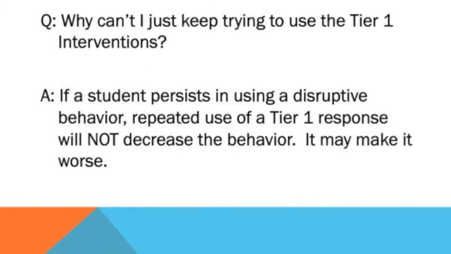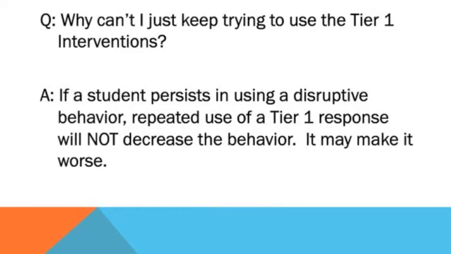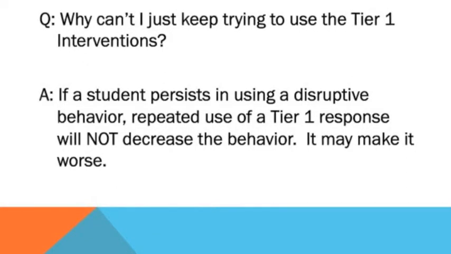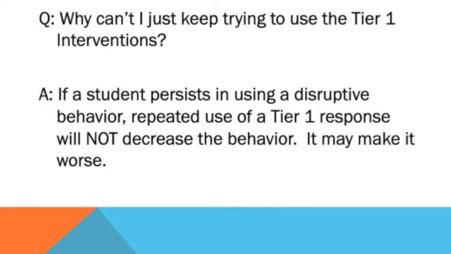And studies show that if you react to a behavior positively or negatively, that behavior is likely to increase. If you in any way reinforce a behavior, the person exhibiting that behavior is going to increase it because they got a reaction. They got what they wanted.